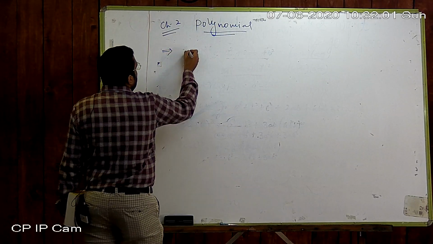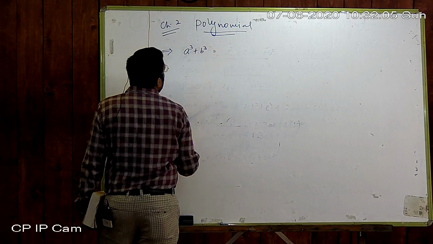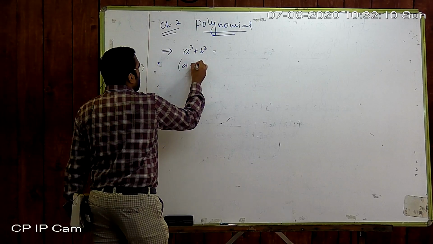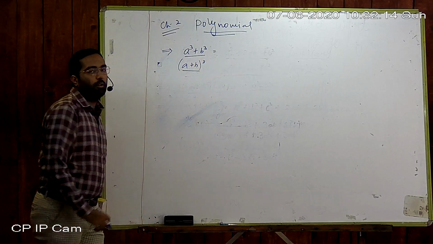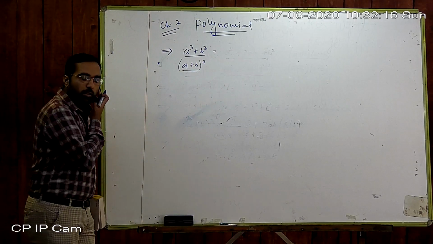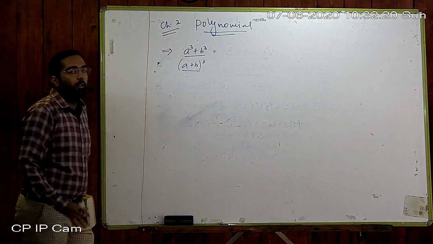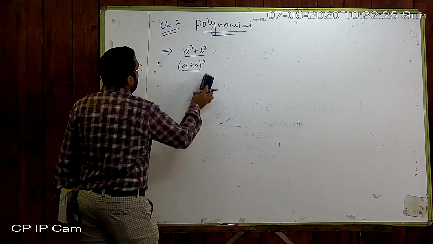Next is a cube plus b cube. Now a plus b whole cube and a cube plus b cube, both of them are different. Please note down this. A plus b whole cube and a cube plus b cube, both of the formulas are different kinds of formulas. Don't get confused between both of them.